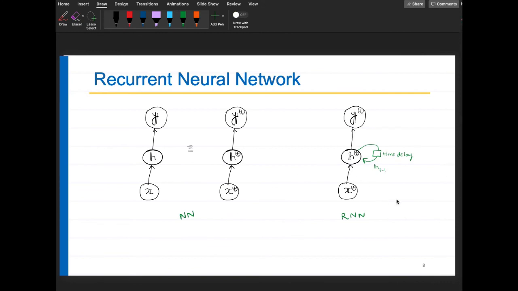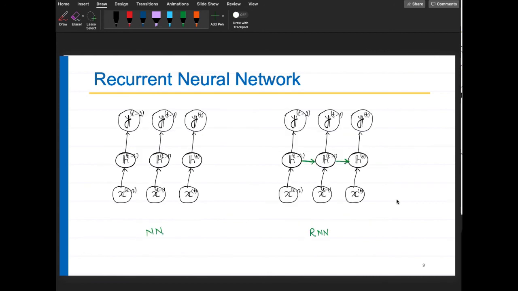You want to make your y at time t depend on x at time t as well as t minus 1, and if possible t minus 2, t minus 3, and so on. Can you do that? The answer is, you can use a recurrent function. Maybe this will give you a clear idea.